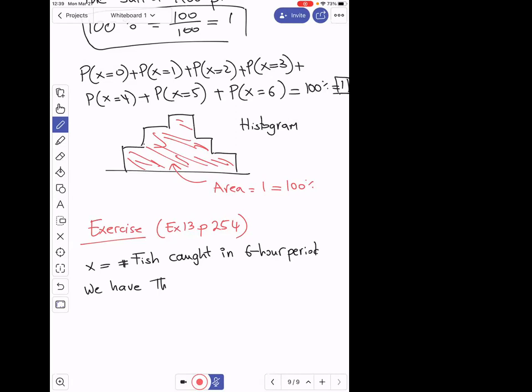Okay, so let's say we have the following. We have 100. So let's say we have 100 fishermen. Okay. And so we have the following results.